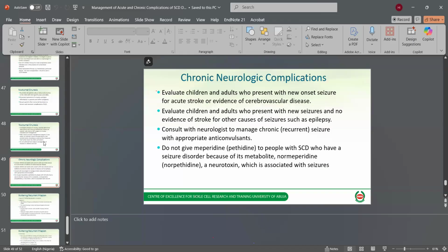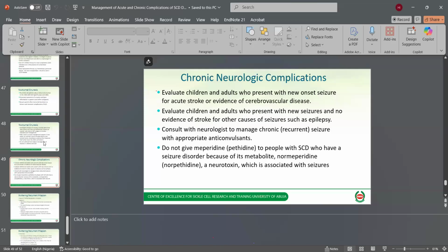Chronic neurological complications can also occur in sickle cell disease. Evaluate children and adults who present with new onset seizures for acute stroke or evidence of cerebrovascular disease. Evaluate children and adults who present with new seizures and no evidence of stroke for other causes of seizures such as epilepsy.